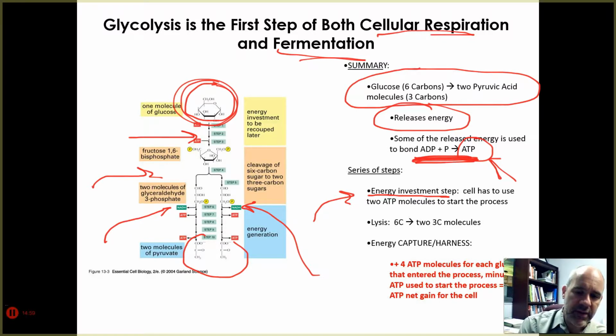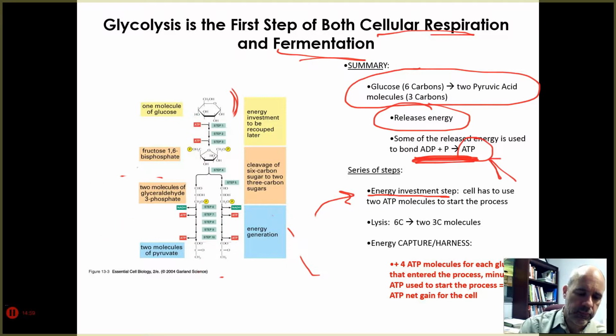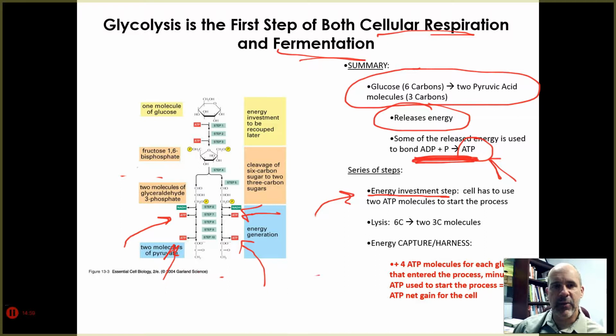And then notice also, let me kind of clean this up a little bit. Notice also we have 1, 2, 3, 4 ATP molecules that are coming out as outputs.